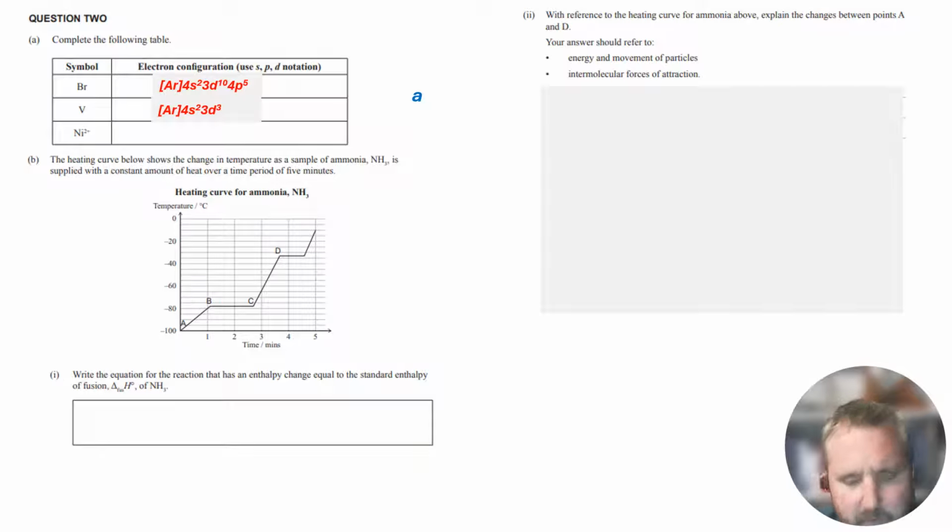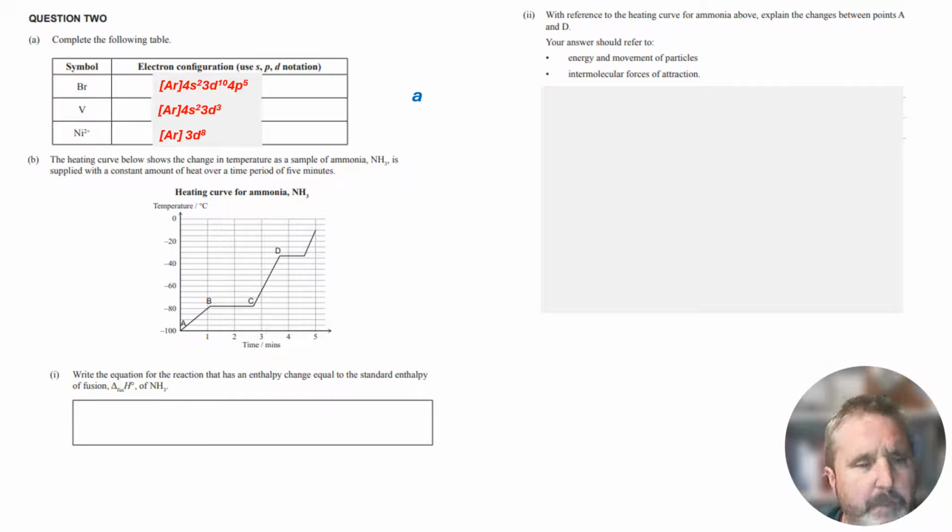So you should have no electrons in the 4s orbital. So nickel usually has 28 electrons, but in this case it's got 26. We removed 2 to make it a 2+ ion. The 2 we removed were the 4s electrons, so we've just got electrons in the 3d8 orbital. Now you get an achieved here if you get 2 out of those 3 correctly.